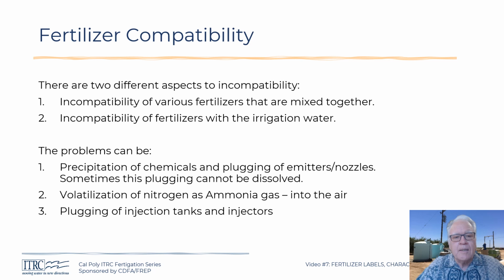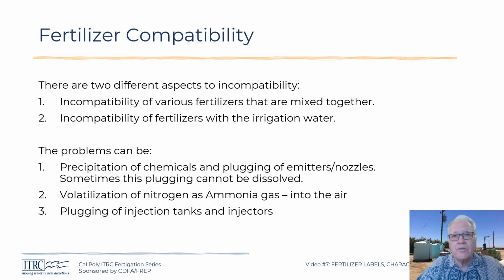Well, obviously if the fertilizers mix together and fall out, they don't do you much good. But also then that precipitate can plug nozzles and emitters, and sometimes you can't dissolve that stuff, like phosphorus compounds. It just doesn't work. Then there's volatilization of nitrogen as ammonia gas.